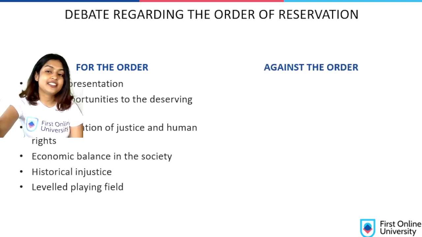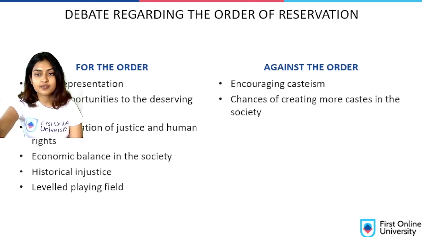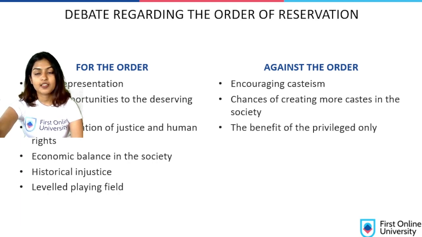So what were the pointers against the order of reservation? Let us see. It was encouraging casteism, separating people based on caste. Chances of creating more castes in society. The benefit of the privileged only. And it was opposing merit.